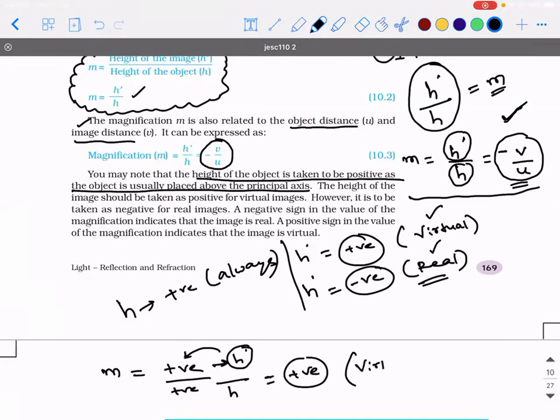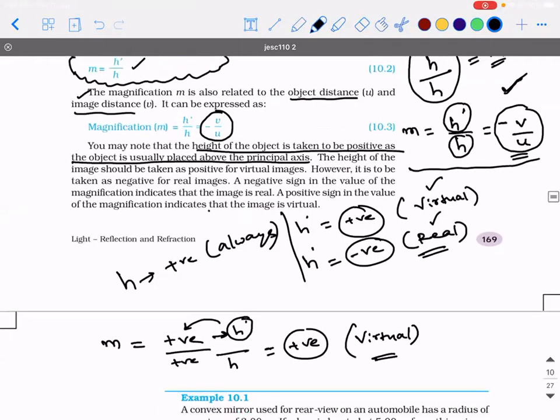Only when the image formed is virtual. So if the magnification value is positive, it indicates that the image is virtual. Whereas if m is negative divided by positive and comes out as a negative value, it means a real image.